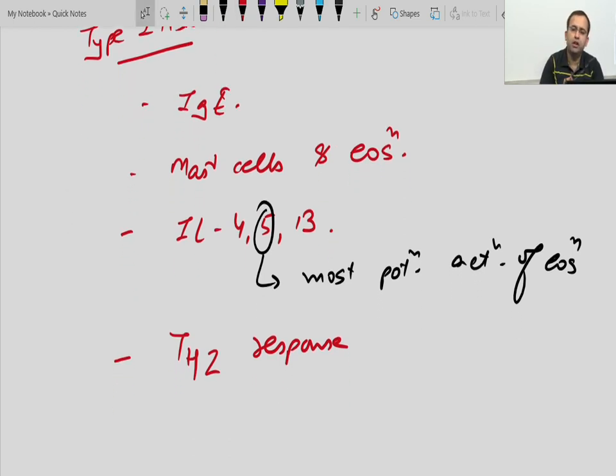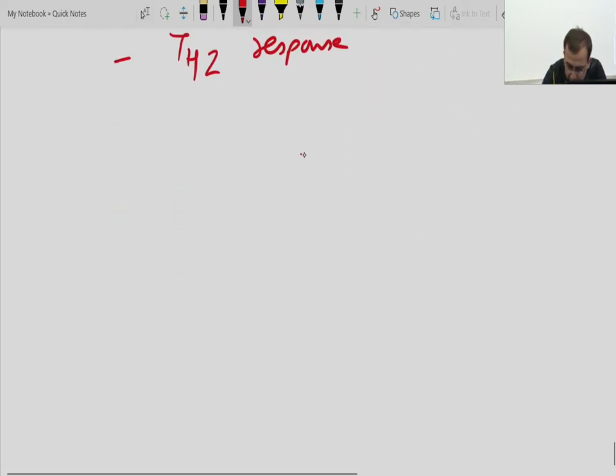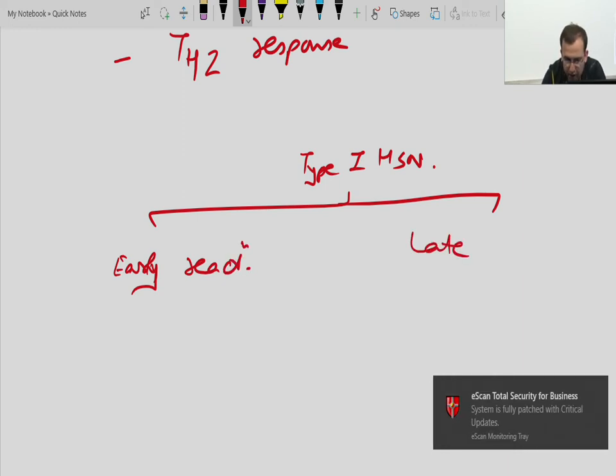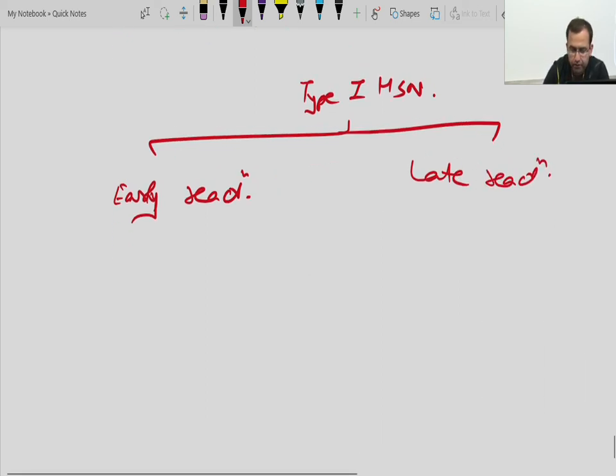The only point I am concerned with in type 1 hypersensitivity is the types of reactions. It is associated with 2 reactions: an early reaction and a late reaction. The mediators involved in the late reaction are important.